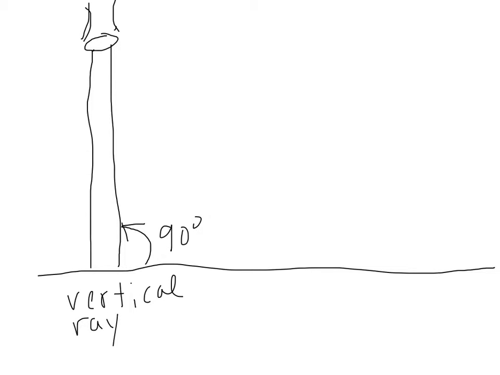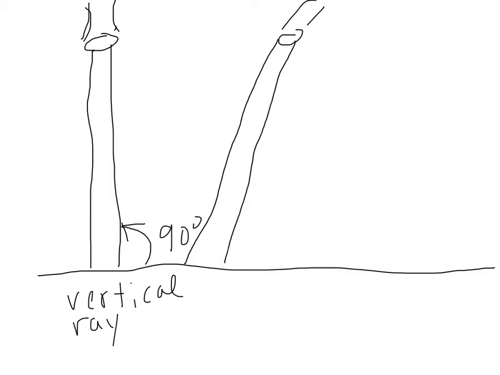If the sun comes in, so we have the flashlight, which is simulating the sun, and if we turn the flashlight a little bit and cause the rays to come down like this, the angle changes. So the angle that the rays are making with the surface is like 45 degrees.